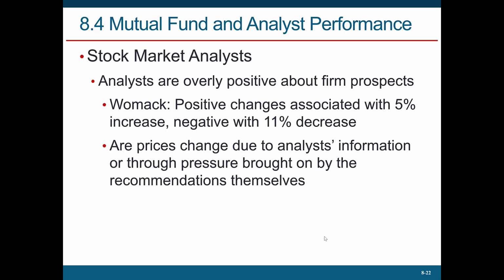That strategy historically would have produced a superior performance. As you can see here, some numbers: positive changes are associated with 5% gain, negative changes are associated with 11% decline, right? So upgrades you get 5% return, downgrades you get a negative 11% return. So that seems to work.